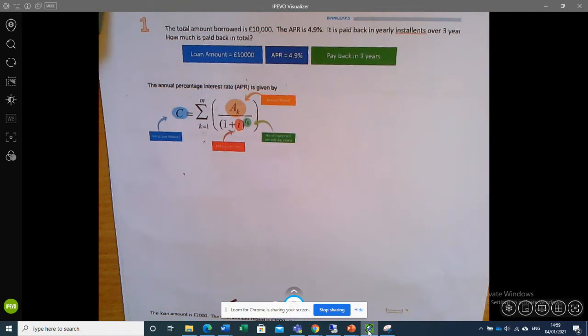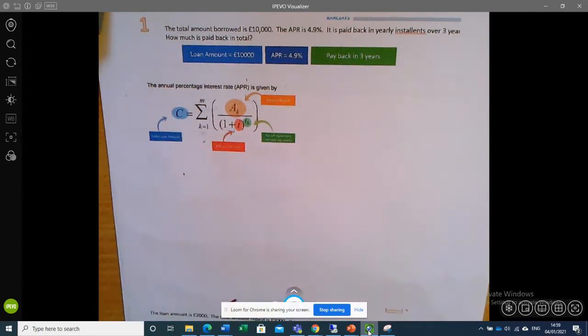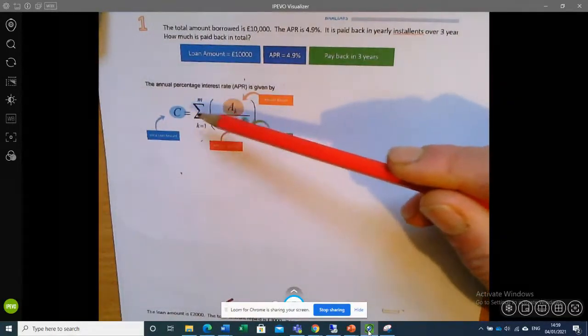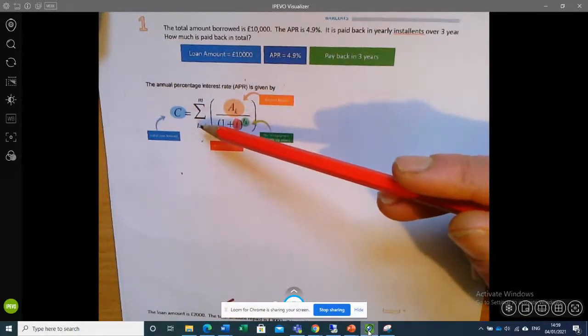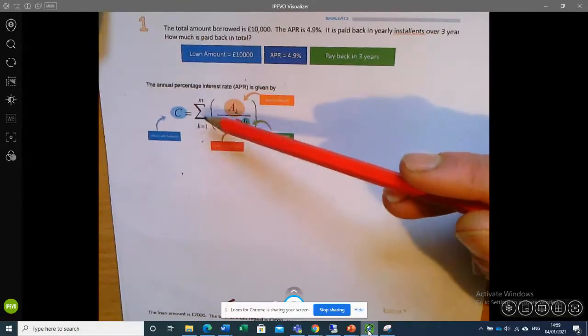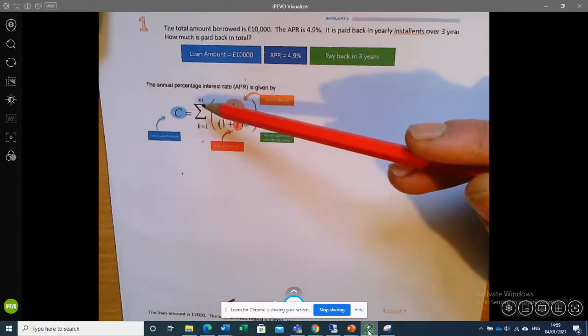Okay, so what we've got here is C. C is the initial loan amount, so in this case, we've got £10,000. You've then got this sum here, which we came across when we did standard deviation. The sum is from K equals 1, up to M, which is the total number of repayment periods.